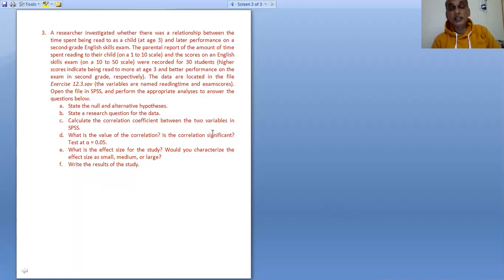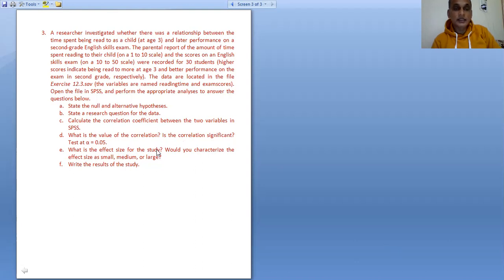This correlation is significant because the value of significance is 0.03. Sorry, 0.003. Let me check, because let me see if I'm remembering correctly. Yes, it's 0.003. That is what the significance value is.